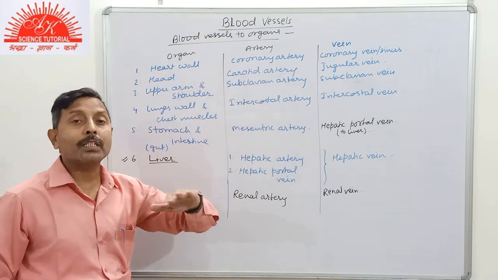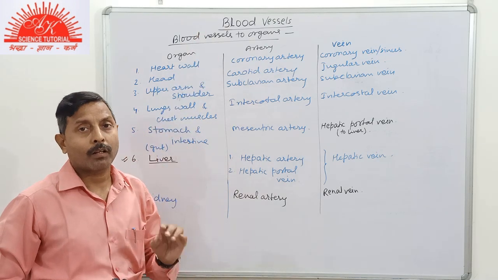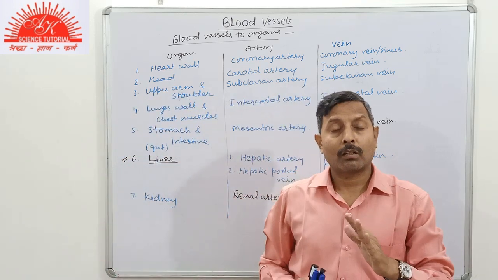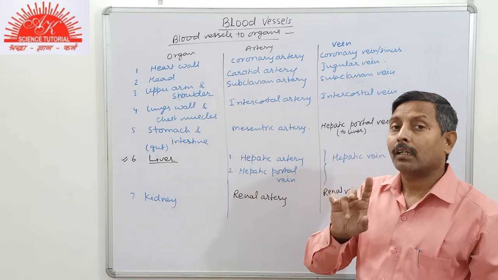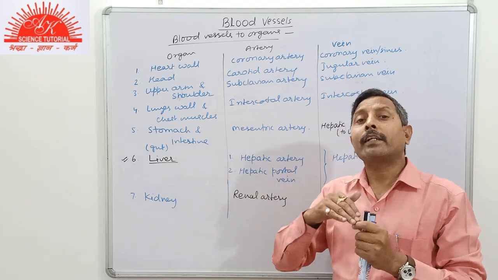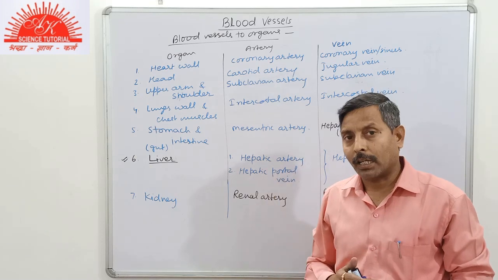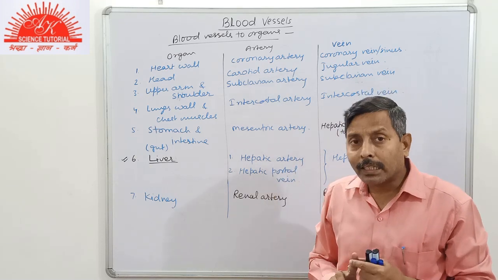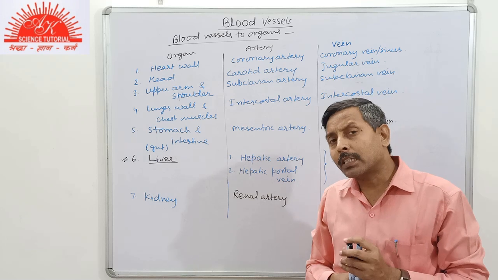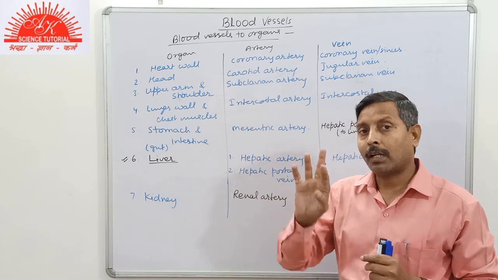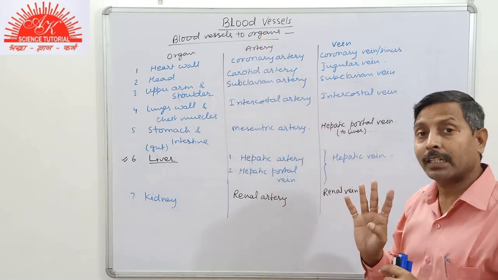Now some questions arise, student. You must take care of these questions. Further, you can see the question is asked that name the blood vessel carrying maximum or minimum of different substances. So while answering these questions, you must see the source of that material. For example, from this chart you can answer it clearly.